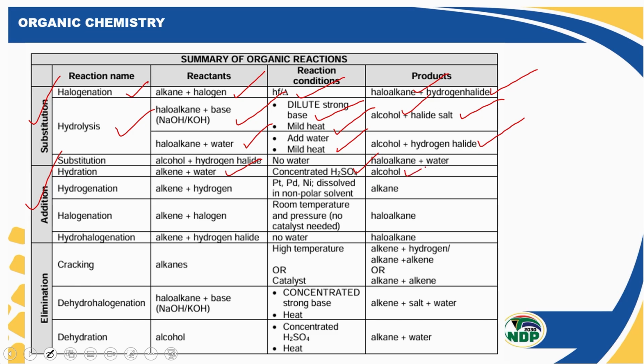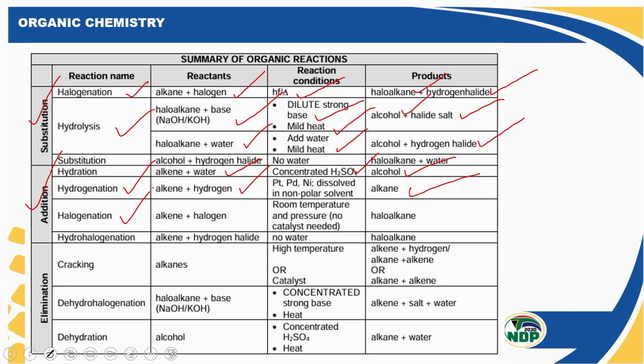You get one product, which is an alcohol. Reaction number 2 on addition is your hydrogenation. An alkene is reacting with hydrogen. And the reaction condition there is a catalyst that is used, either platinum, palladium, or nickel. And you get as a product an alkane.